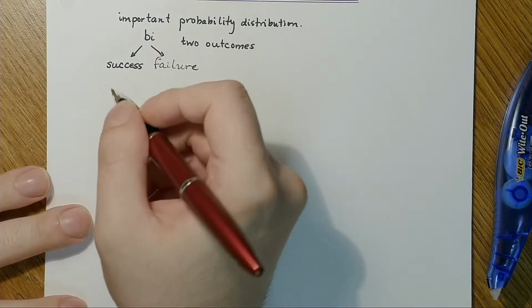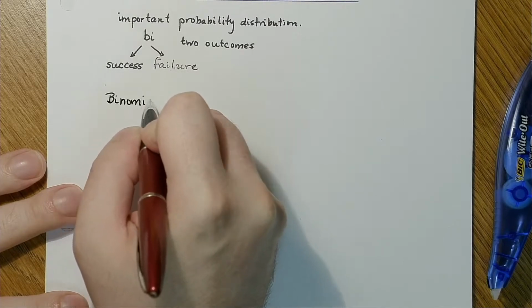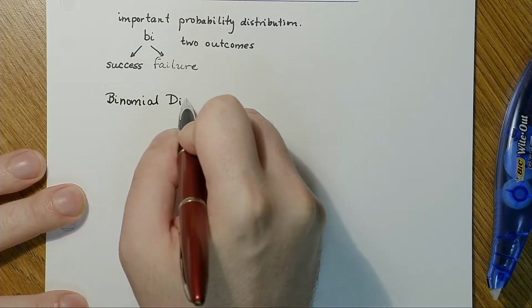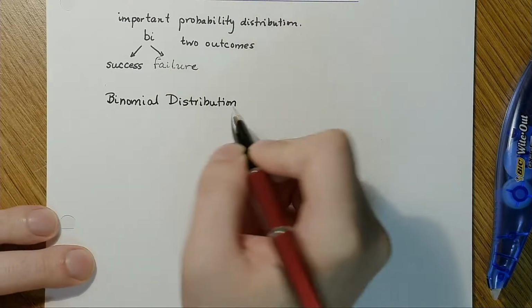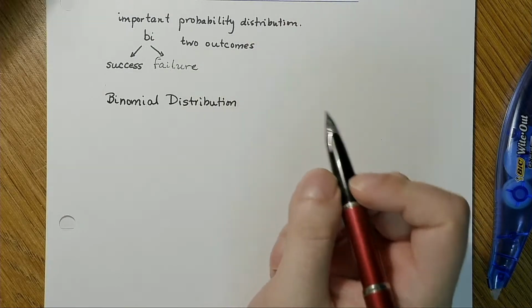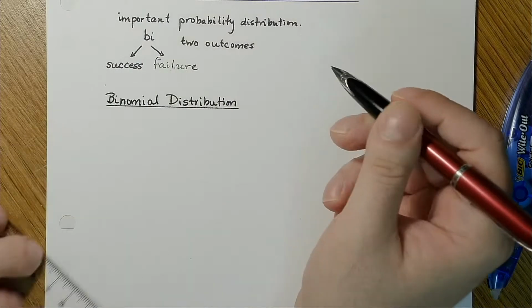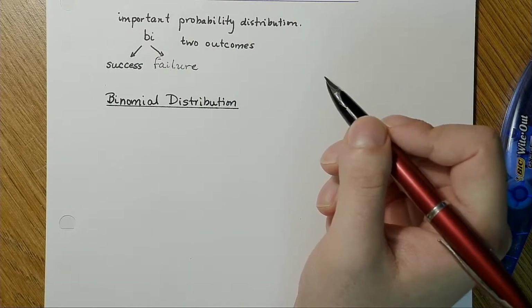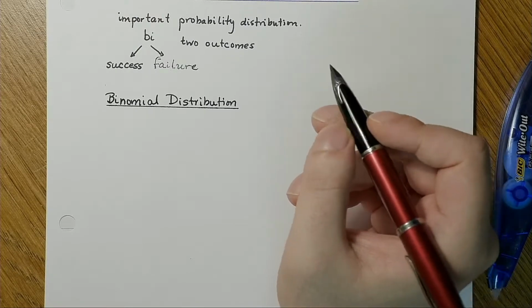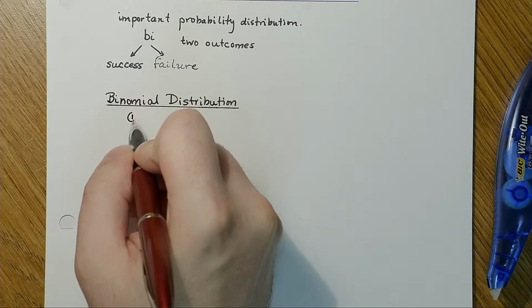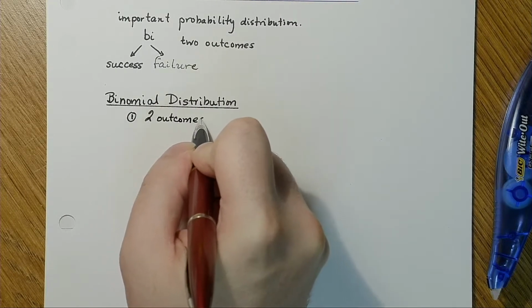For a binomial distribution, there are 3 properties that it needs to have. The first one is that there are two outcomes at each trial.